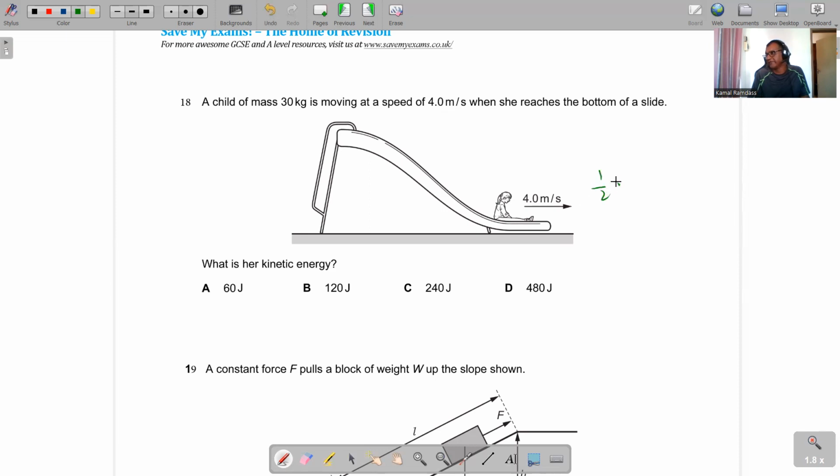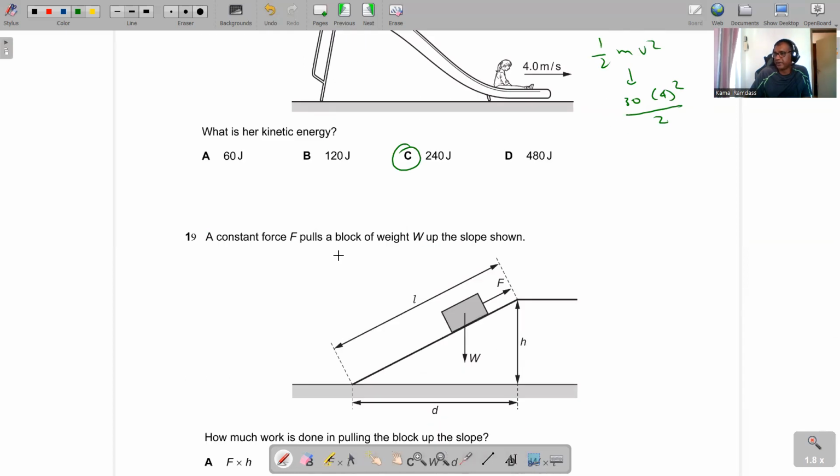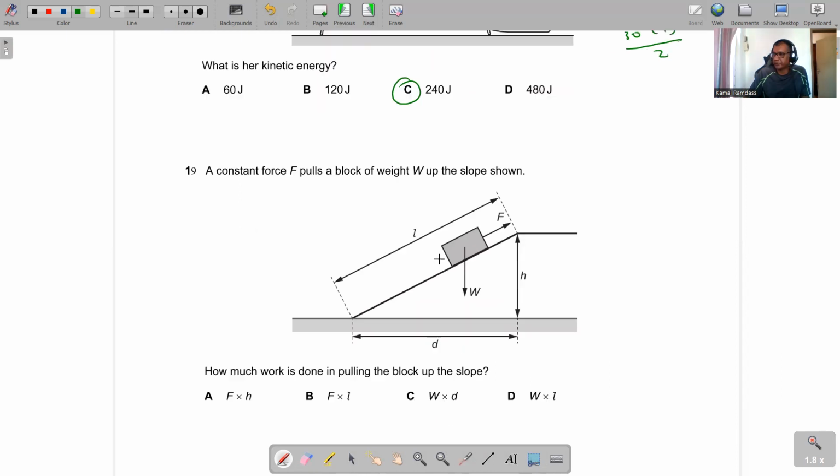Half mv square. m is 30, v is 4 to the square, divisé par 2, 30 fois 16, 30 fois 8, 240 joules.